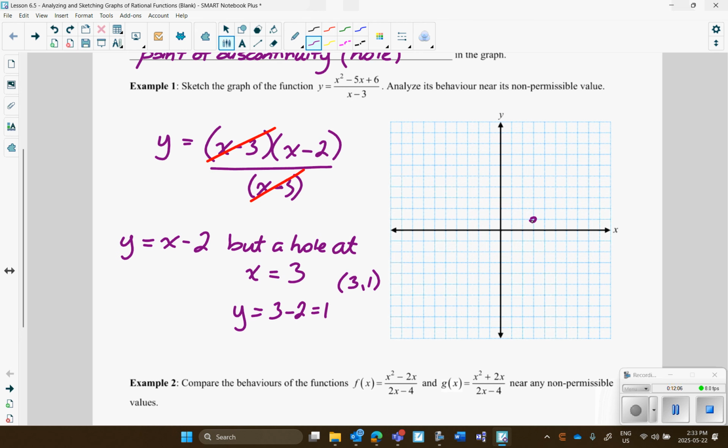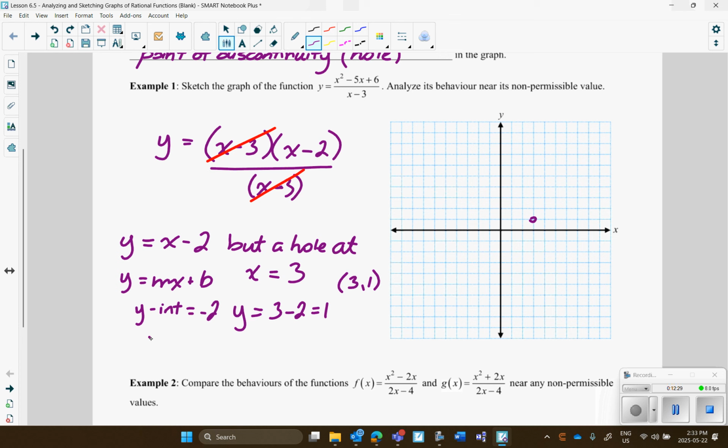How do we graph this? What kind of graph is this going to be? Don't overthink. There's no x squared. It's going to be a line. So I use y equals mx plus b. What's the y-intercept of this line? -2.